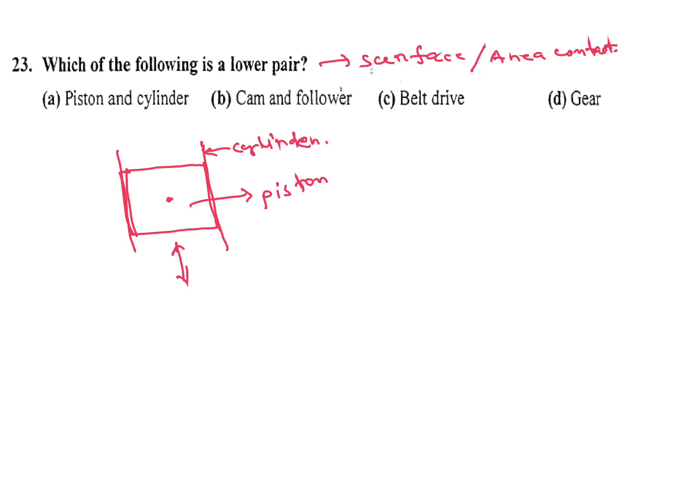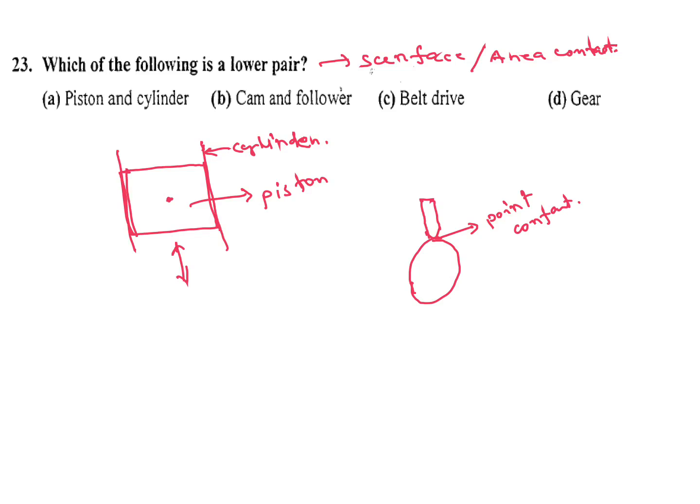In cam and follower, here point contact is there. So it's a higher pair.